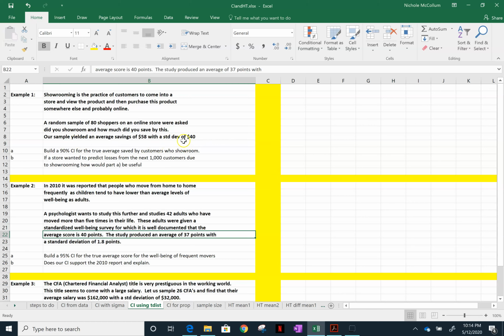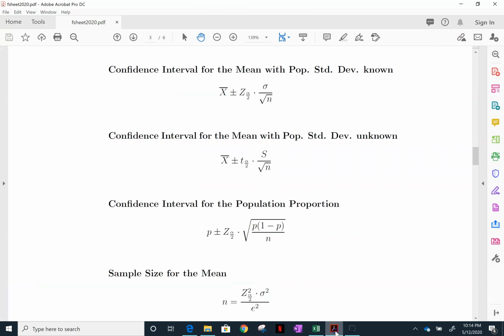Because that standard deviation is in the sentence with sample, my English tells me that is my sample standard deviation, and that is huge. So when I think about my formula right here with the four letters X bar, T, S, and N, this is the formula I want. This is the confidence interval I want to build because I had the sample standard deviation, not the population standard deviation.